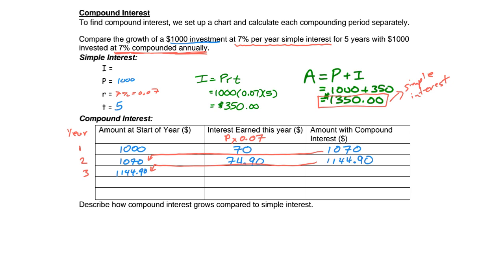Now we multiply by 7% again on that amount of money that we started with at the beginning of the year, and now we end up with $80.14. You notice how the interest is increasing? This is amazing. All right. And now you end up with $1,225.04.